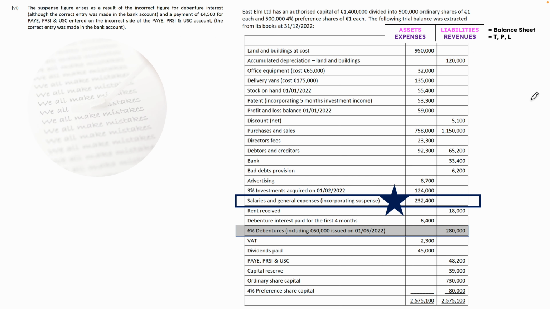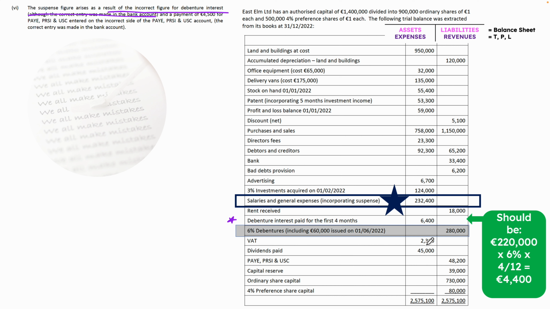For the suspense adjustment, we're going to use our trial balance to help us calculate this and get it right. The first thing is it arises as a result of the incorrect figure for debenture interest, but we don't have to worry about the bank account because the correct entry was made there. So they're saying that the debenture interest paid for the first 4 months is incorrect, right? 6,400 is incorrect, so we have to work out what it should be.